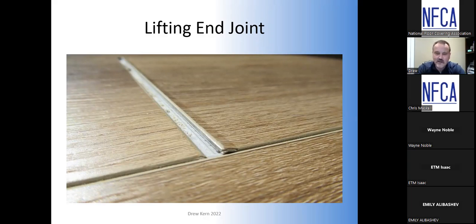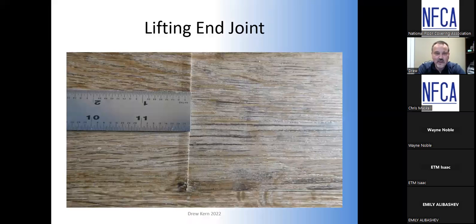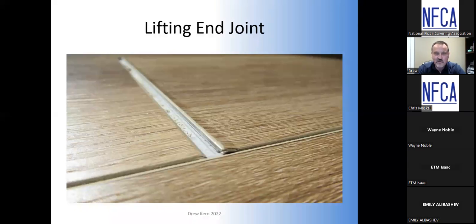What's going on here? If we take a look at this and we actually measure where that fracture point is, you'll notice the fracture point, you can see it here, and it's a straight line across here. That is the overlap ledge of the joint, where about here on, it's the full thickness of the plank.